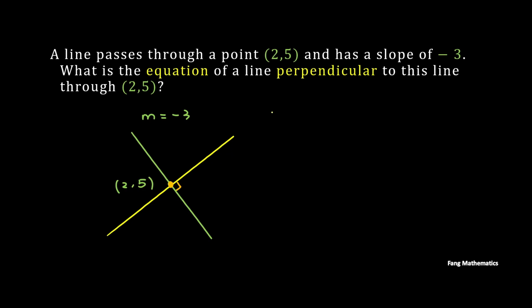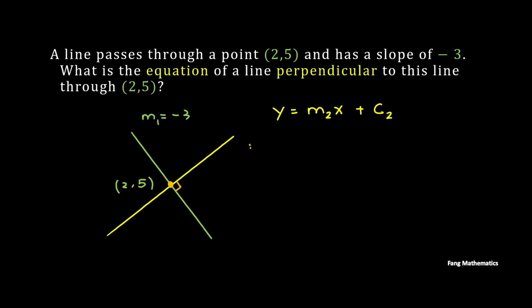Let's write the general equation of a line in slope-intercept form. So you have y is equal to mx plus c. Since we are specifying the second line, I'm going to put m2 and c2, and the green line gradient as m1. First of all, let's determine m2. So you know that m1 and m2 are the negative reciprocal of one another.